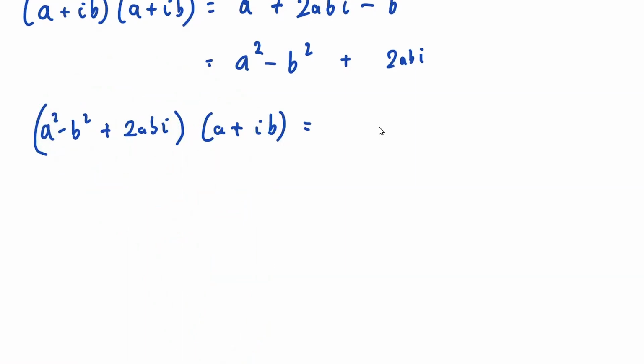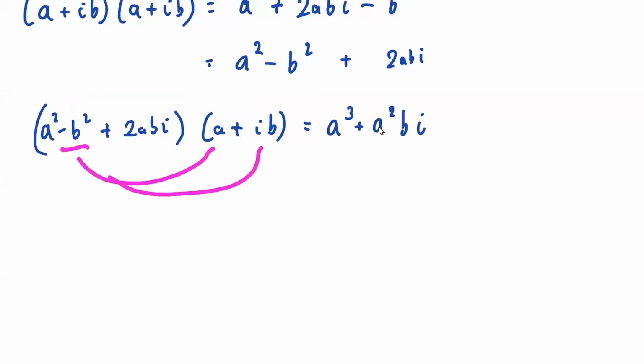So I'm going to follow that sequence. Is that clear to you? Okay, so A squared times A, then A squared times IB. Maybe I'll draw the arrows first. Okay, then A squared times A gives A cubed. A squared times IB, positive A squared BI. Next one, erase the pink arrow. Let's move on to the second one. What do we get? Negative B squared times A, so negative AB squared.